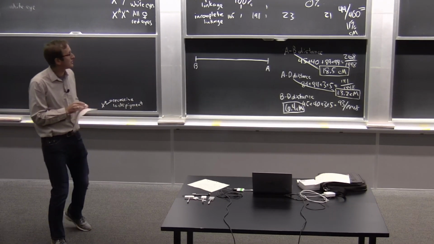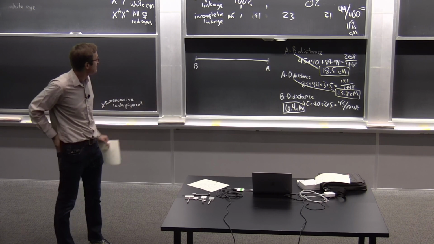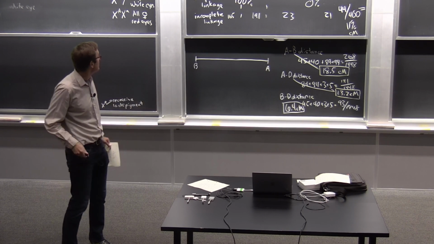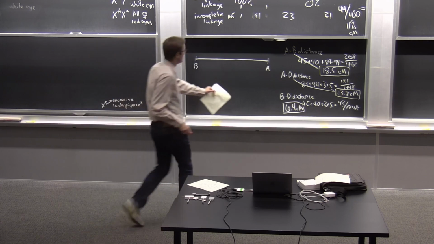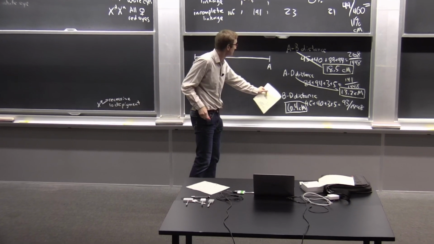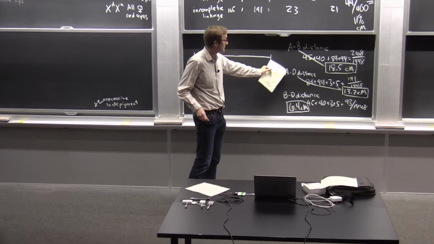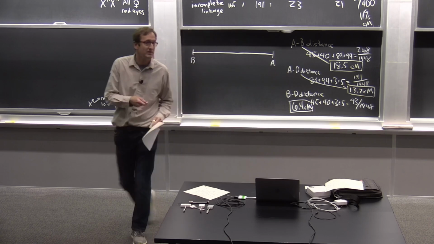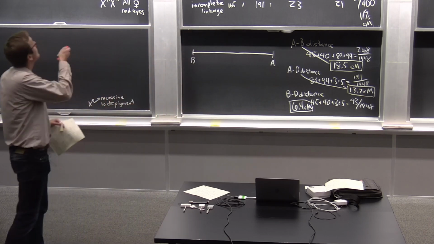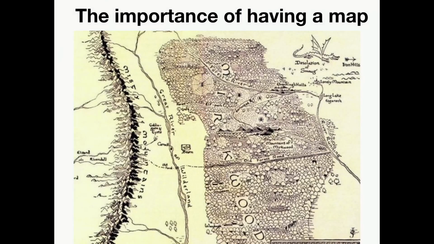Now if we consider the distance between B and D, that's 6.4 centimorgans. So it appears that D is closer to B than it is to A, because it's 13 centimorgans away from A. So D is kind of like Beorn's house here. It's closer to Rivendell than it is to Lonely Mountain.